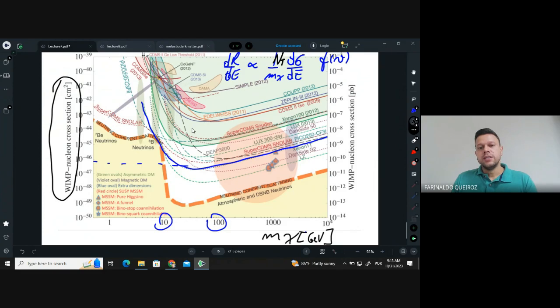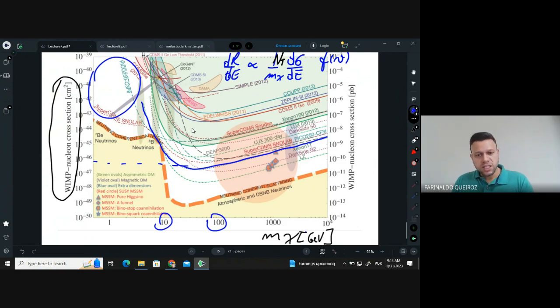So I want to point out some important things. The first one is that you see that there is a large portion of parameter space which is not covered towards light dark matter masses. This has to do with the energy threshold of those detectors, because the dark matter particles became too light to produce a detectable signal.